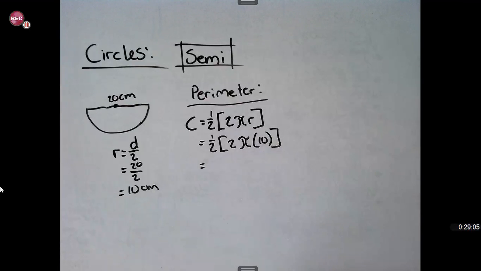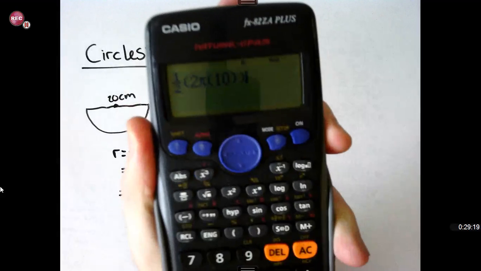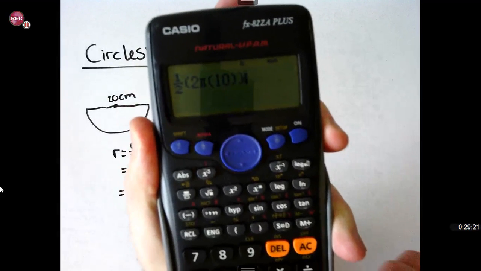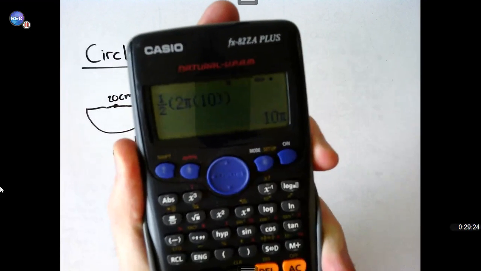You put it into your calculator as it is there. Obviously you know now how we're going to do it. I'll show you now what it looks like. So it should look something like that when you put it into your calculator. Press, and it will give you 10 pi.